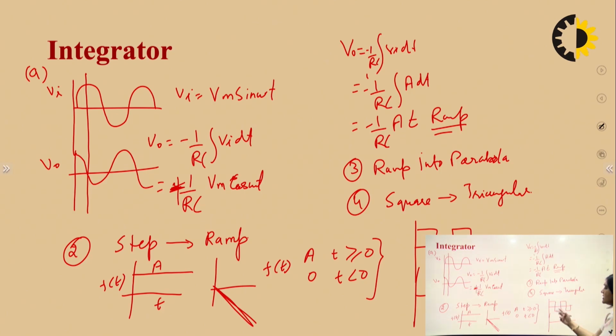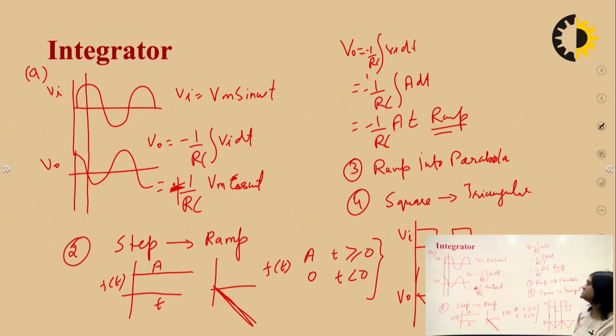That's why the square waveform will be converted into a triangular waveform, like this. This is our input and this is our output. So the integrator provides different waveforms: triangular waveform, ramp signal, parabolic signal, and sine will be converted into cos, and it also acts as a low pass filter.